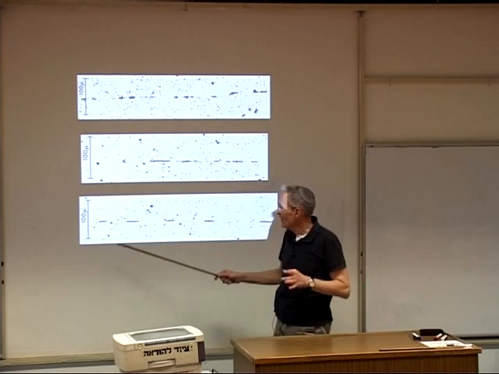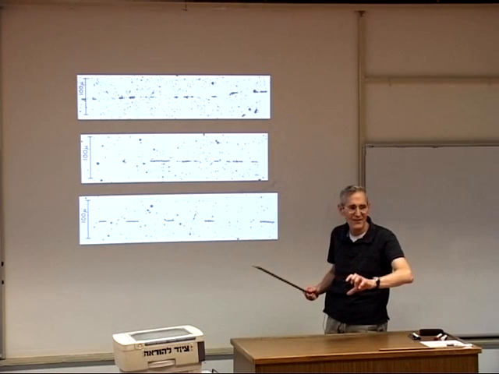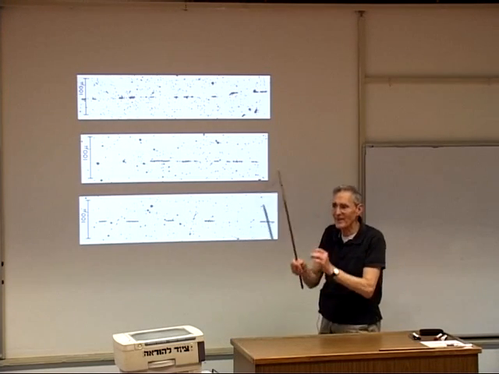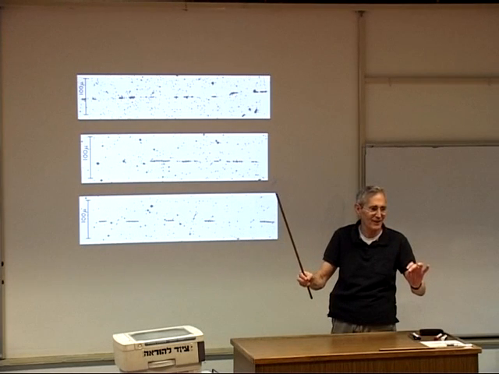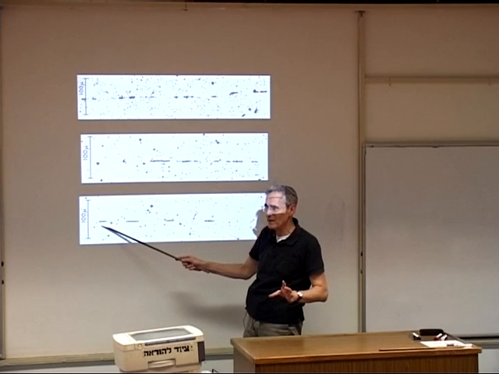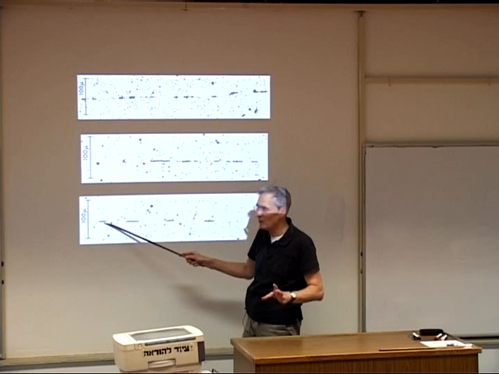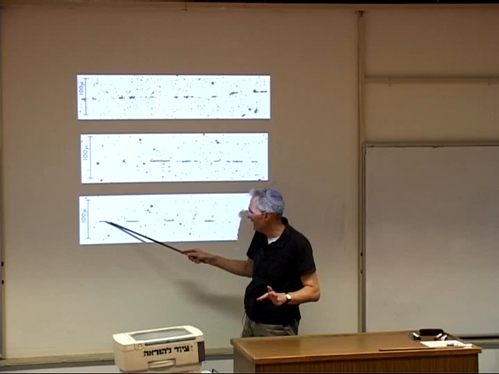Now, this region replicates at some specific time, and he caught these cells in the middle of replication. They already started replication, and he caught it in the middle. So there's an origin right in the middle here. There's bidirectional replication, and you get replication like this and like this.